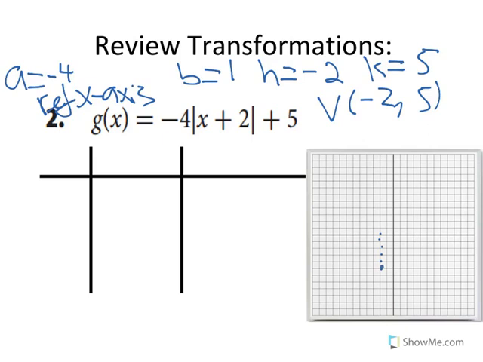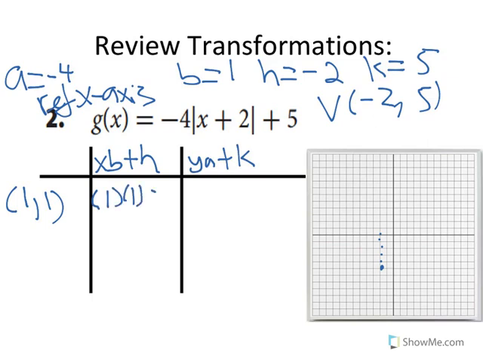Okay. So then we're going to transform (1, 1) to xb plus h and ya plus k. Right, so we can do 1 times 1 minus 2, 1 times -4 plus 5. So we have (-1, 1).